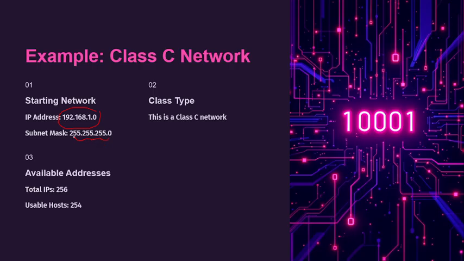We already know that 255 represents the network ID and 0 represents the host ID. So it is something like 255.255.255.0/24. This is the subnet mask for Class C. This 24 represents the network ID and 0 represents the host ID.